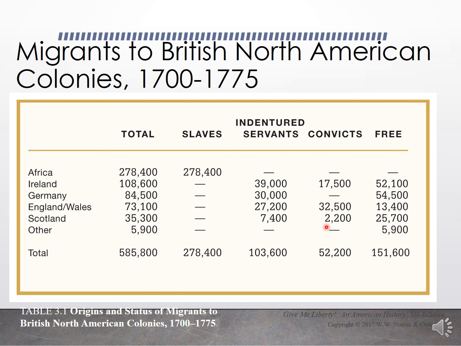So you will see a total here of 585,800 migrants into British North America, the majority of which are slaves. The second highest numbers are the free people. The third highest are the indentured servants, and the fourth largest are the convicts.